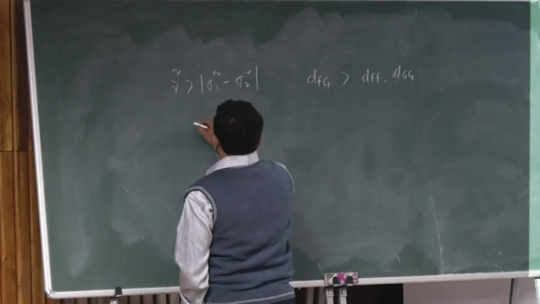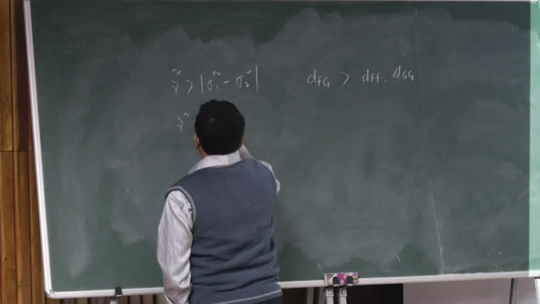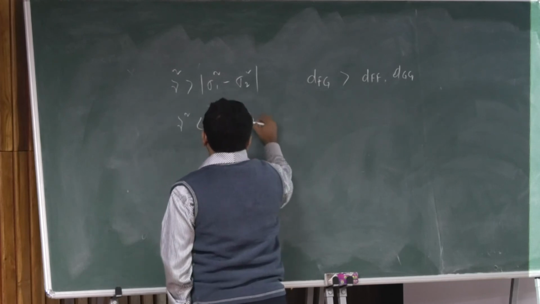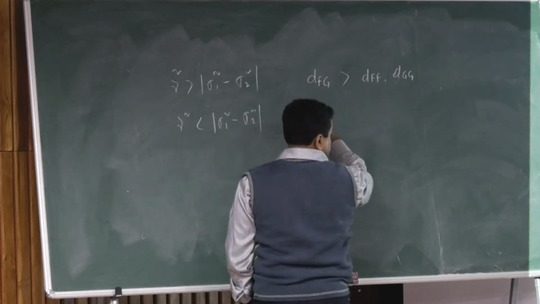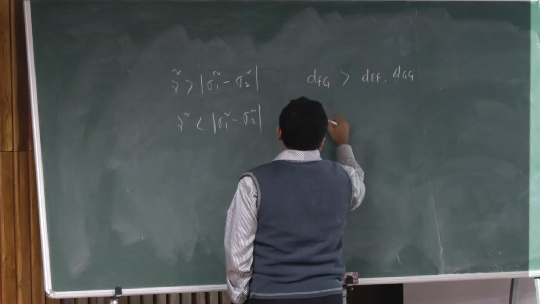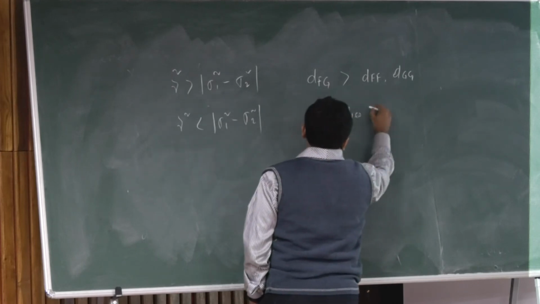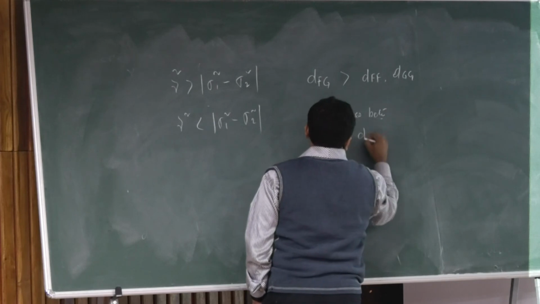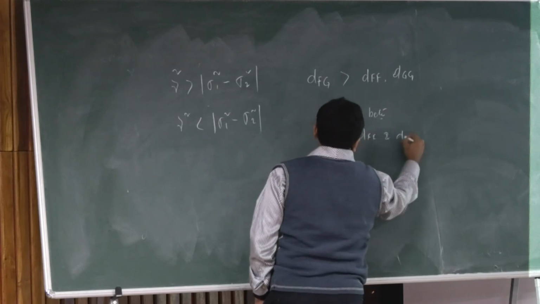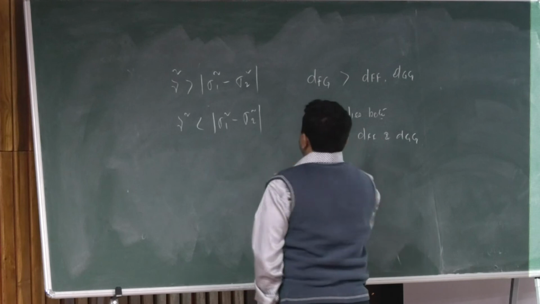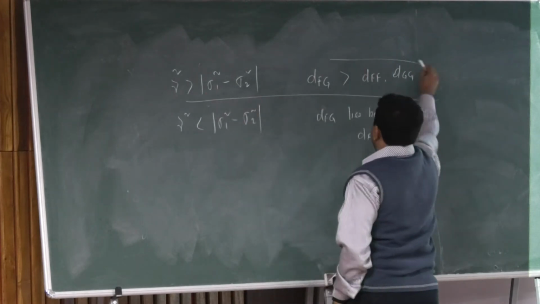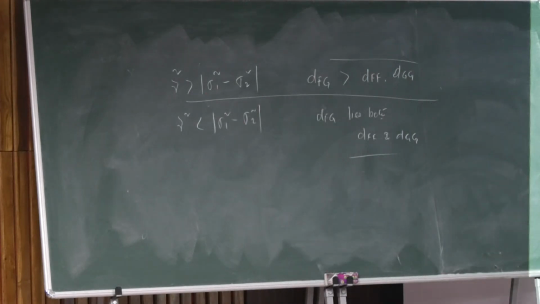That is an ideal situation. But if mu square is less than sigma 1 square minus sigma 2 square, what happens? This DFG lies between these two. So this is just like the location problem, and this one is just like the scale problem that we discussed before.